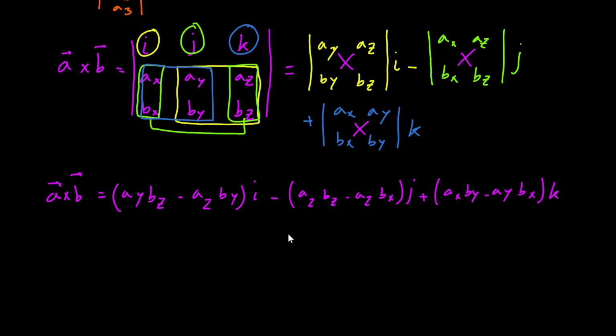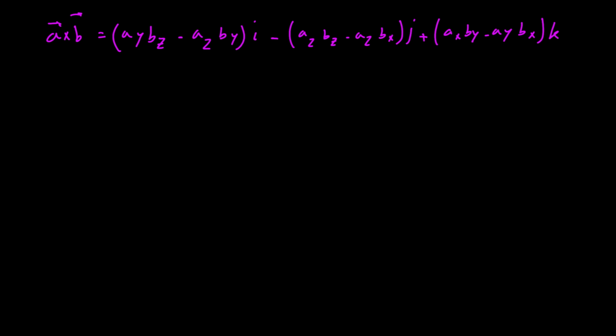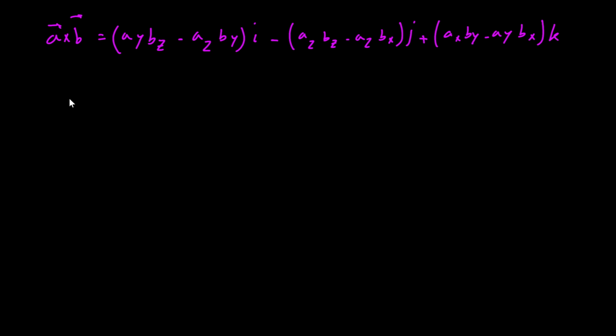Okay, now let's go ahead and do some examples and see how we use this matrix to do the multiplication and get the cross product. Okay, let's say for the first example, I have the vectors A is equal to 3, negative 3, and 1.